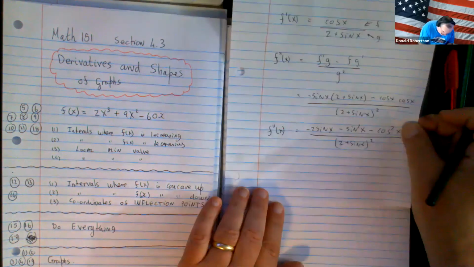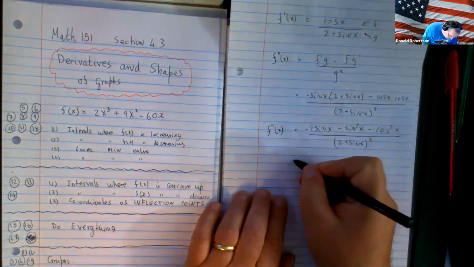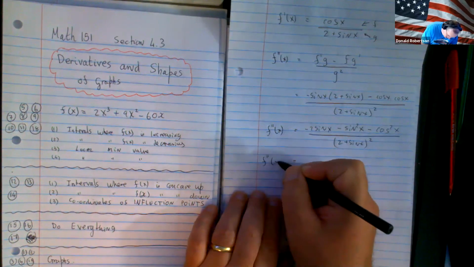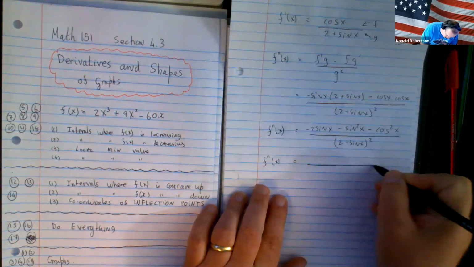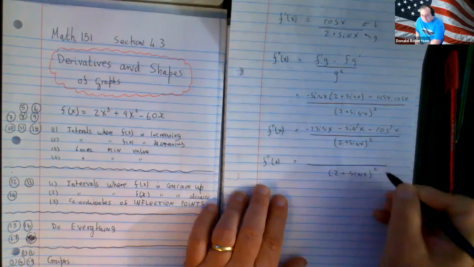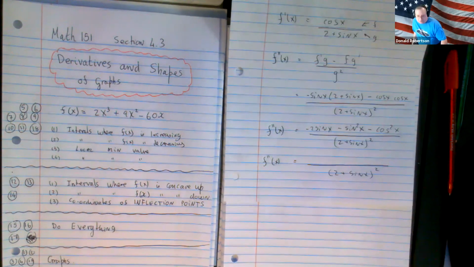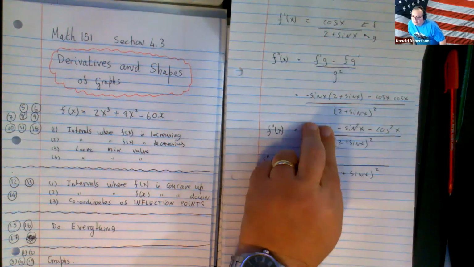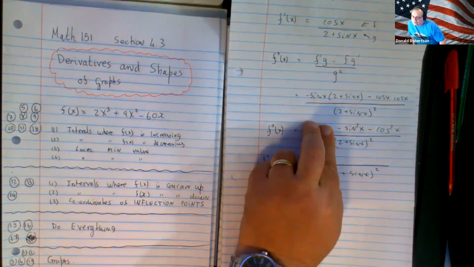There is still some more I can do to make this prettier. What does negative sine squared x, negative cos squared x become? It's a trig identity.